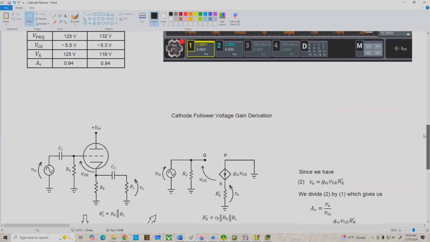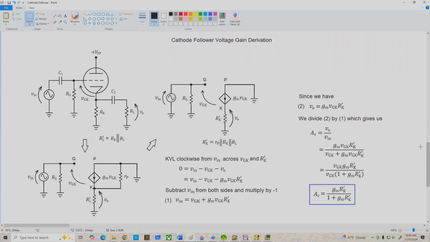Let's start with the derivation of the voltage gain for the basic cathode follower. The actual circuit we're starting with is shown here in the upper left-hand corner of the page, and the first thing we can do is combine RK and RL into a single AC equivalent resistance R prime L. Then I'll replace the triode with its small signal voltage controlled current source model, and we get this equivalent circuit shown here.